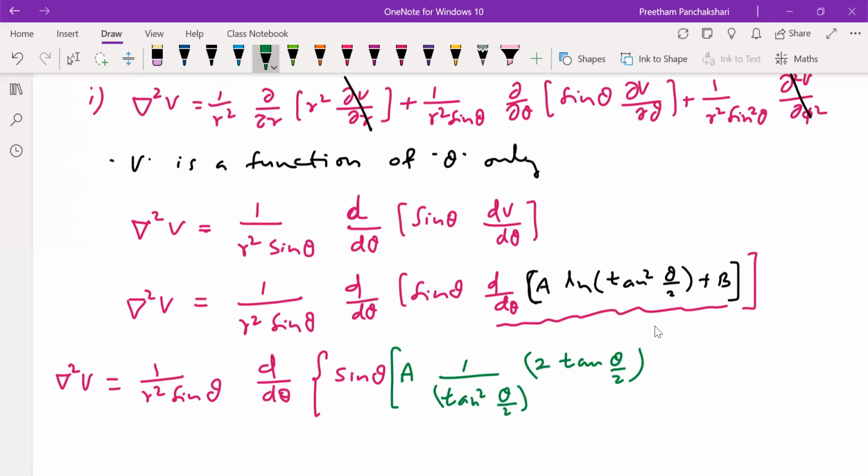Now we have to differentiate tan theta, that is secant square theta by 2. After differentiating tan theta, we have to differentiate theta by 2. Differentiation of theta by 2 is 1 by 2. So this completes the differentiation because differentiation of B is 0 with respect to theta. It's a constant.